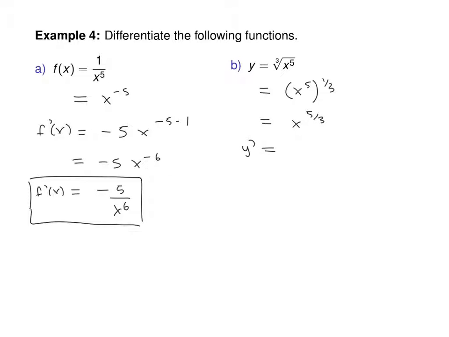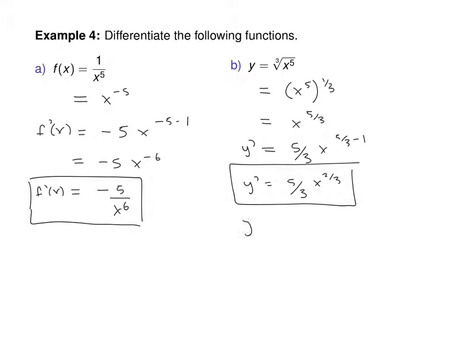So y prime is 5/3 x to the 5/3 minus 1, which is 2/3. So 5/3, is that positive 2/3? Yes, it is. You can leave it like that, or you could also say 5/3 cube root x squared. Either one of those is all right, and unless I've specified, the first one is totally fine with me.